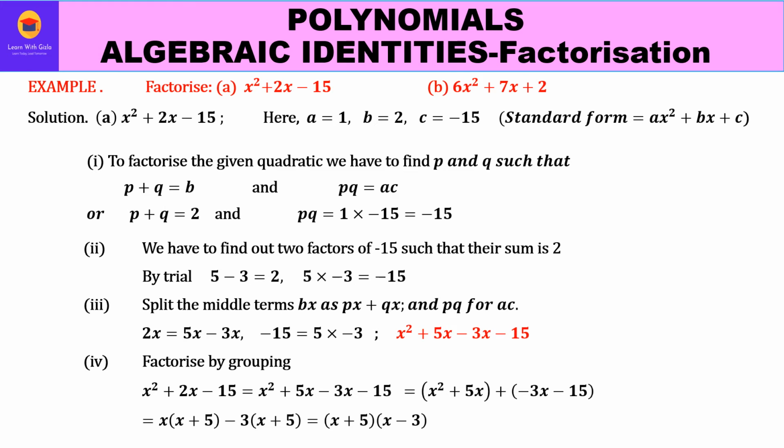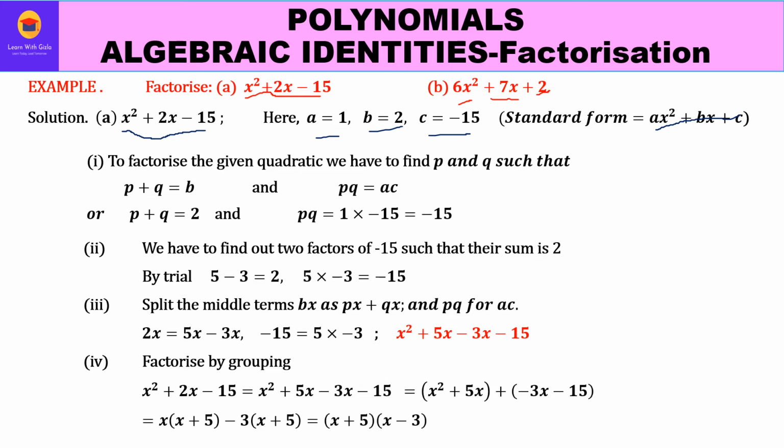We have to factorize x² + 2x − 15 and 6x² + 7x + 2. These are the two examples I have taken. Let us start. The first one is x² + 2x − 15. If you compare it to the standard form, a is 1, b is 2, and c is −15.